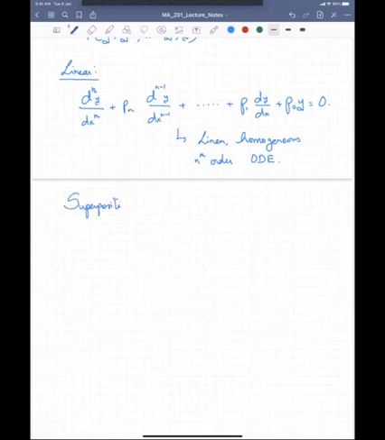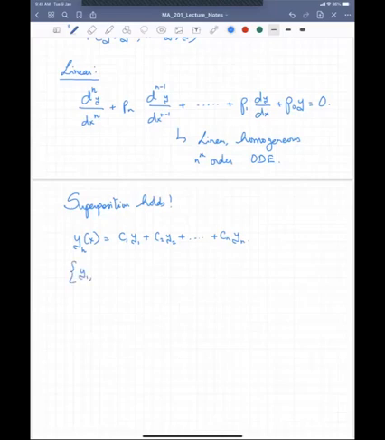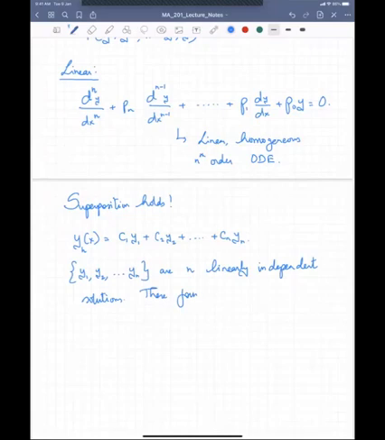In other words, the solution of this homogeneous equation can be written as C1y1 plus C2y2 plus all the way till Cn yn, where y1, y2, yn are n linearly independent solutions, and these form a basis.